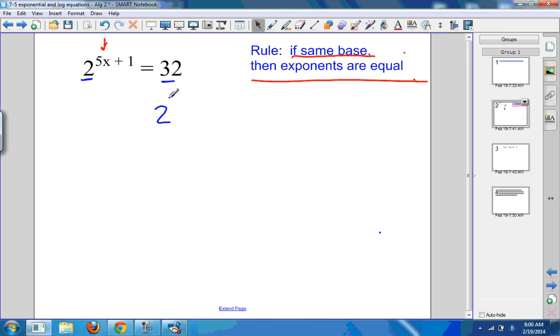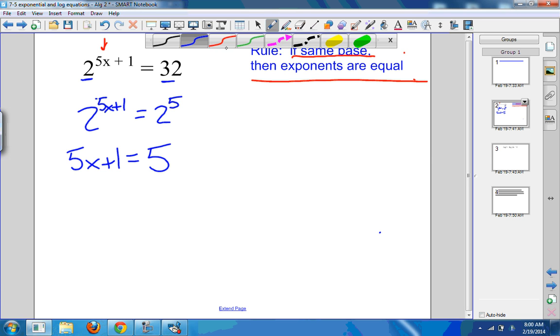So I can change this to 2 to the 5th power is equal to 2 to the power of 5x plus 1. Since I have the same bases, I know that 5x plus 1 must equal 5.